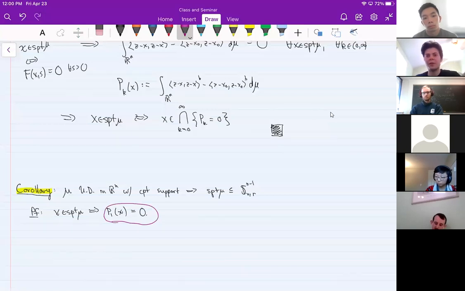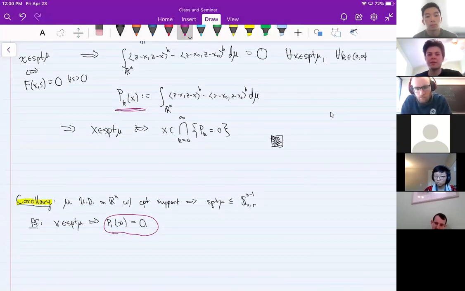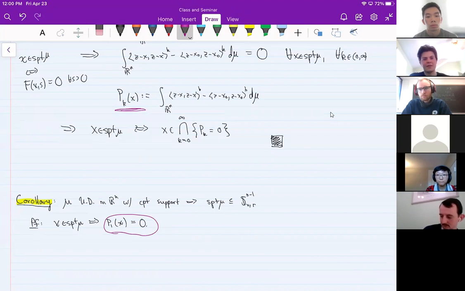If I plug in k equals 1 in my expression for P_k and write out what that means, you can show that all x that satisfy this actually have to be in the support of some sphere, and in fact a sphere centered around the center of mass of my measure. So that's a really nice result that implies a lot of other nice things, but I guess I'll end there. Maybe you can take some questions.